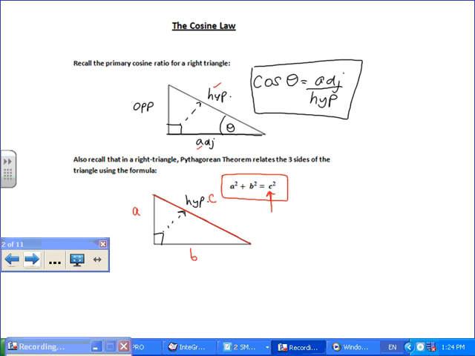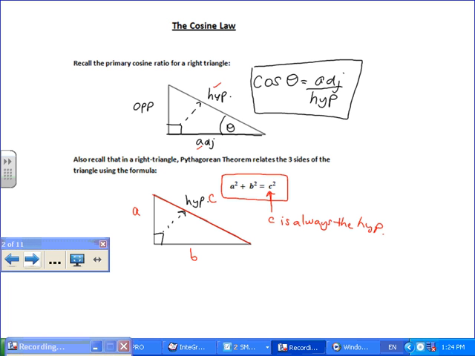So if I have a right triangle where I know two out of the three sides, I can use the Pythagorean theorem to solve for the last one, where C is always the hypotenuse.